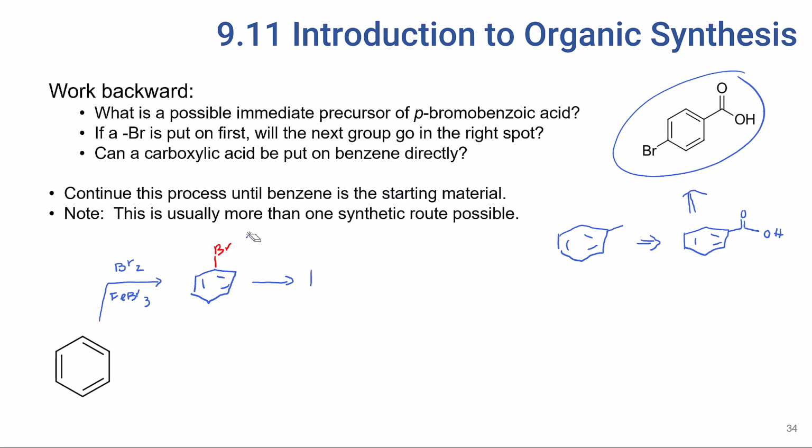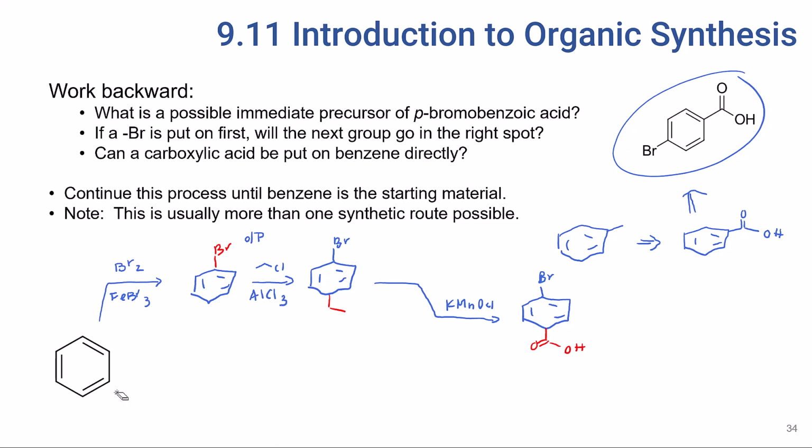This is an ortho-para director, so I can put a methyl group on. Let's put an ethyl group on, sure, why not? And I'm just going to put on the para group because that's the one that I want. And then I do my oxidation to get the product. Okay, so let's see now if I can do it in a different order.